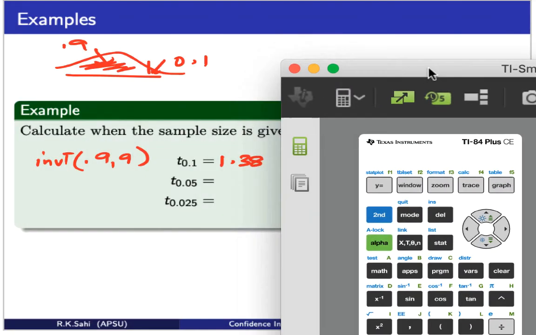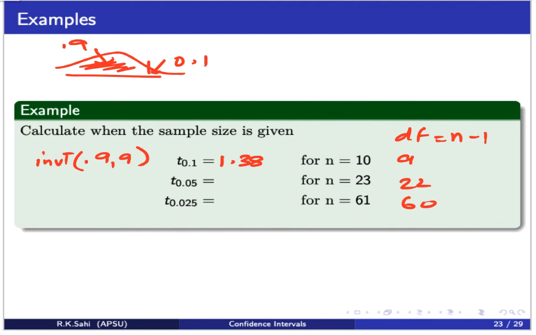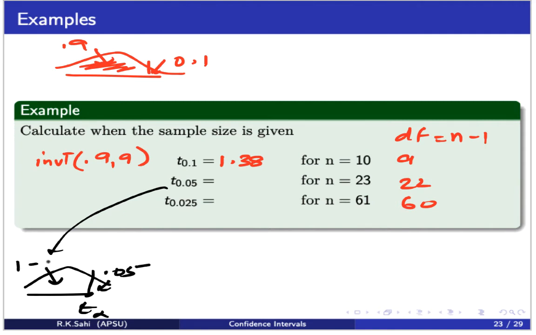Remember, it is 0.05. So in this scenario, I want t alpha. So alpha here is 0.05. That means the one which you have to write is 1 minus 0.05, which is 0.95. So the formula is inv t 0.95.